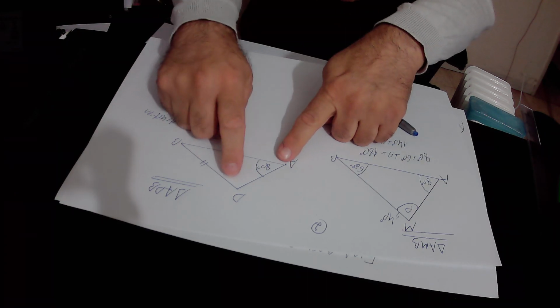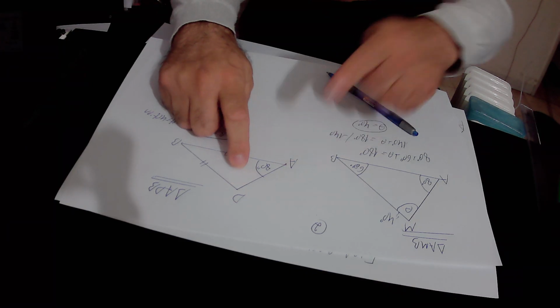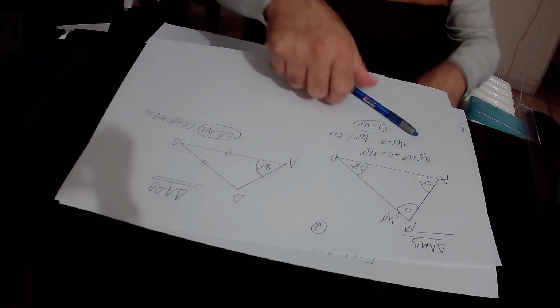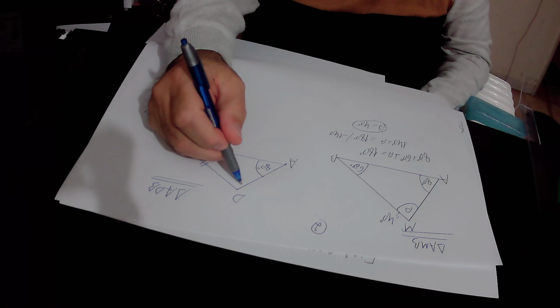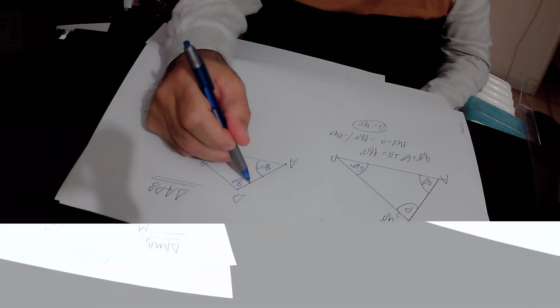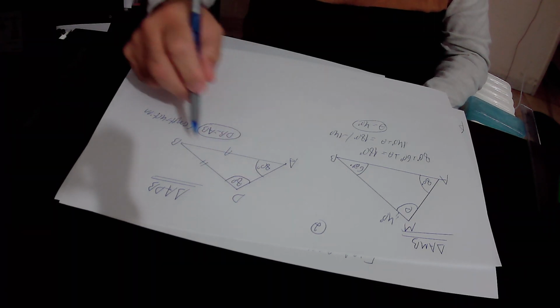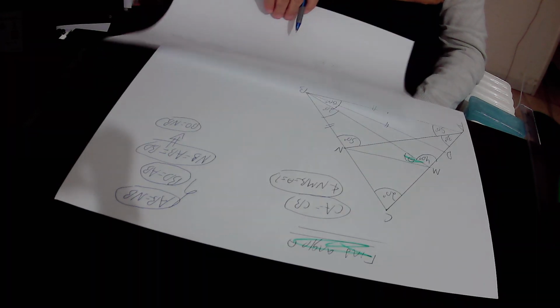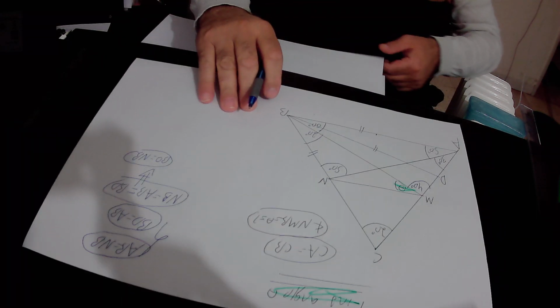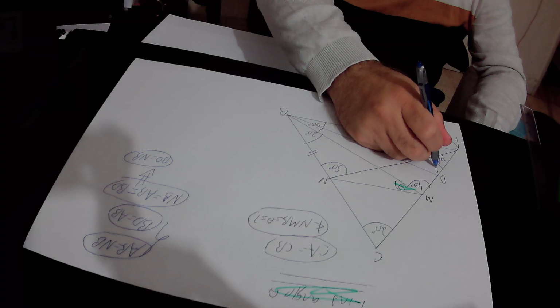That is to say, those two angles must be equal to each other. But this angle equals 80 degrees, therefore the other angle must also equal 80 degrees. That is to say, angle ADB equals 80 degrees in size.